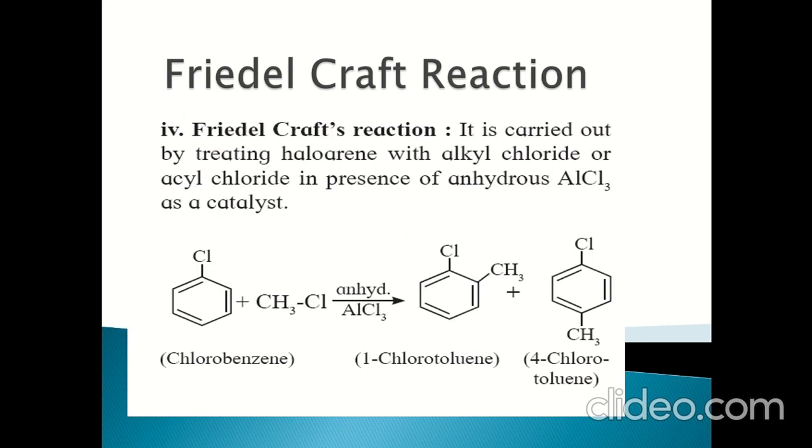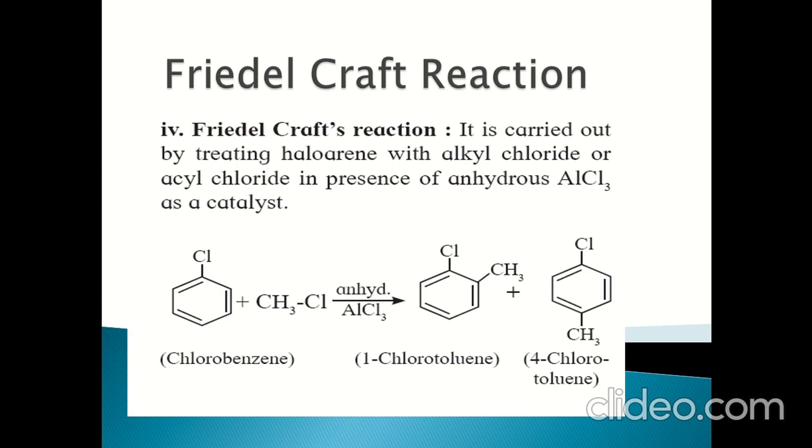Friedel-Crafts reaction. It is carried out by treating haloarene with alkyl chloride or acyl chloride in the presence of anhydrous AlCl3, that is aluminium chloride, as a catalyst. A catalyst is a substance which increases or decreases the rate of reaction without itself undergoing any change.